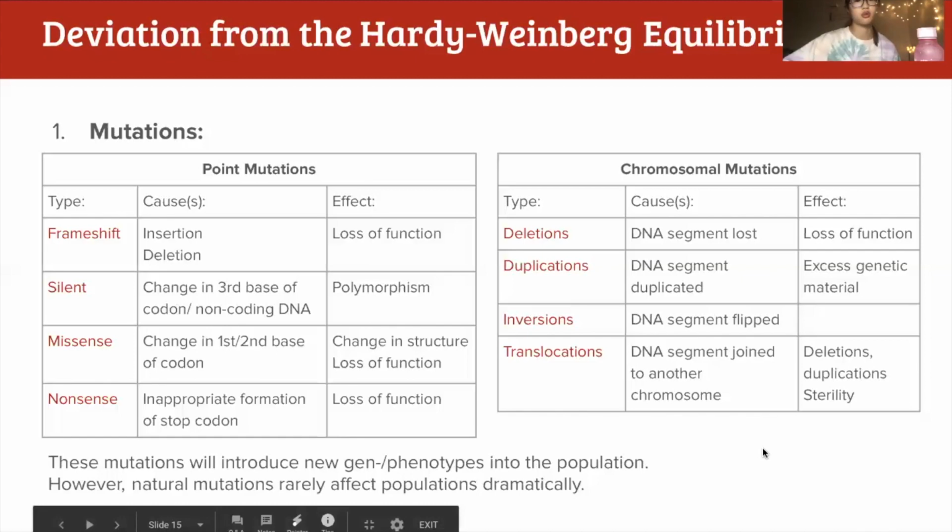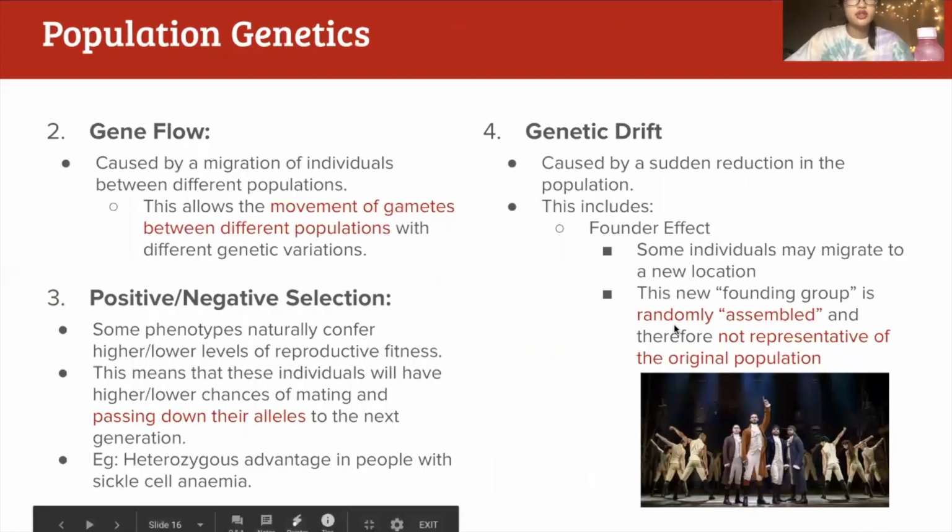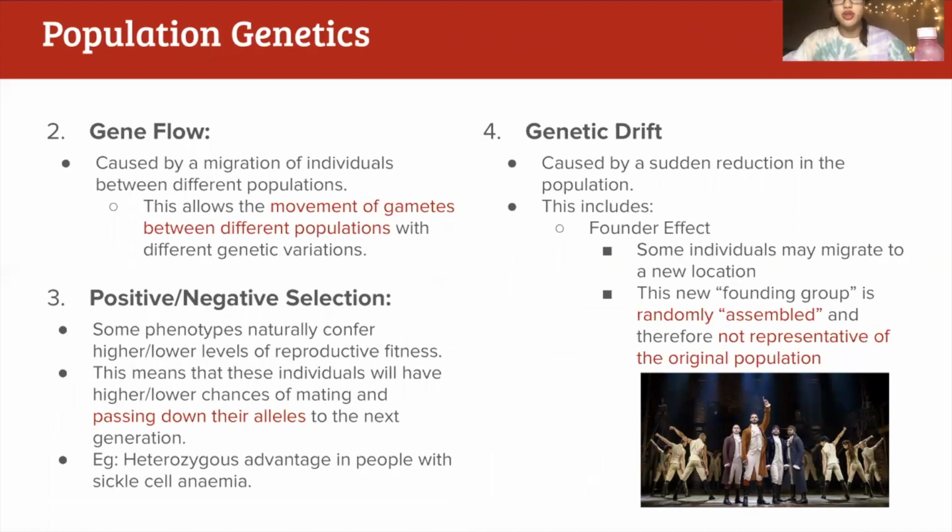All right. So next up, how else can we deviate from the Hardy-Weinberg equilibrium? Well, we can have gene flow. That's caused by a migration of individuals between different populations. When individuals from different populations migrate freely, they carry their gametes with them as they move.